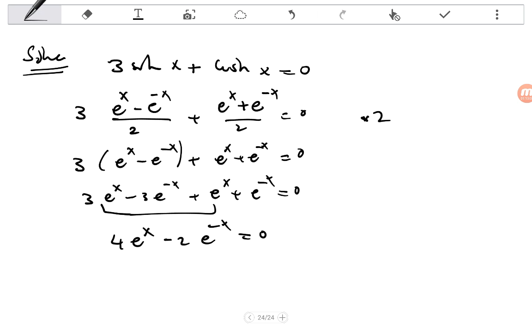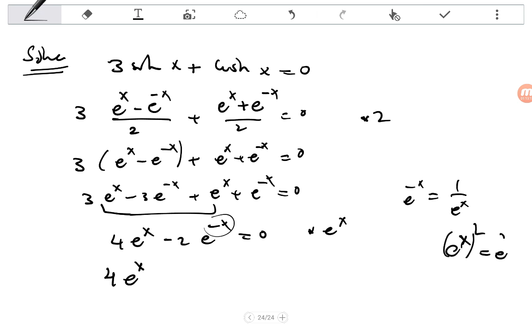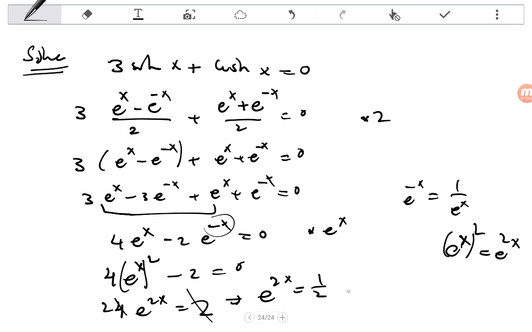Still, I can't solve this. I will multiply by e power x to get rid of that negative power, because e power minus x is exactly 1 over e power x. So that will be 4 e power x times e power x. What is e power x all squared? It is just e power 2x. So that will be 4 e power 2x minus 2 equal to 0, so 4 e power 2x equal to 2, so e power 2x will be equal to 1 over 2, and that means that 2x is exactly ln.